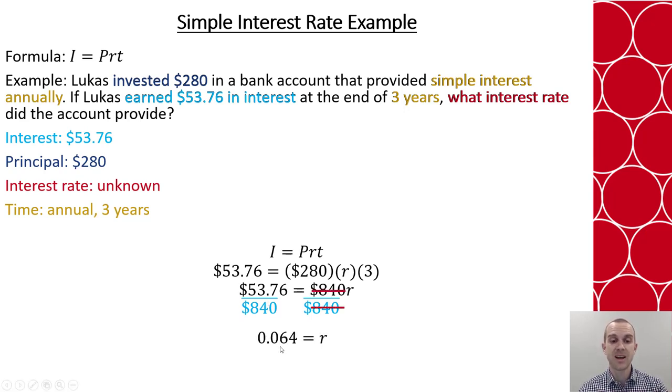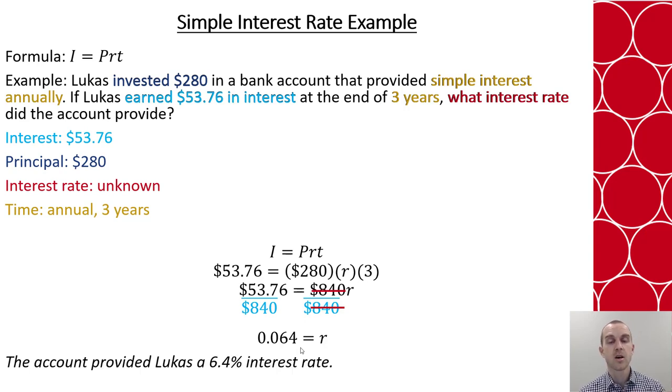And then when I do that, I get 64 thousandths. That's the rate as a decimal, but often we report rates as a percent. So when we go from the decimal to the percent, remember we go the other way. We multiply now by 100. So we would say that the account provided Lucas a 6.4% interest rate.